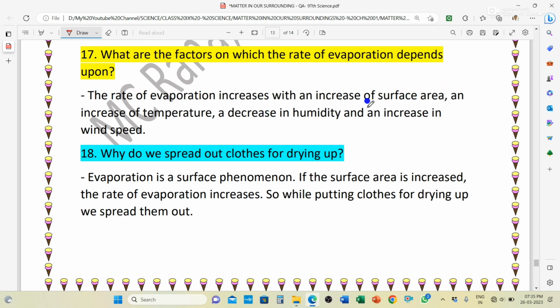When surface area increases, the rate of evaporation also increases. When temperature increases, the rate of evaporation also increases. When wind speed increases, the rate of evaporation also increases. But in case of humidity, when humidity increases, the rate of evaporation decreases. When humidity decreases, the rate of evaporation increases.